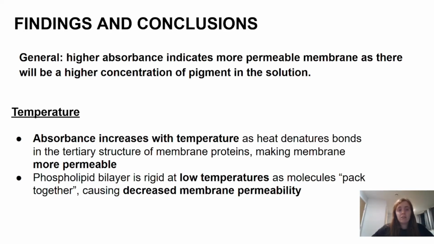When they're heated up, they can melt and become a liquid, because the particles are less packed and they can move about. And this is the same principle with the phospholipid bilayer. So the phospholipid bilayer is rigid at low temperatures as the molecules pack together, and this causes a decreased membrane permeability.